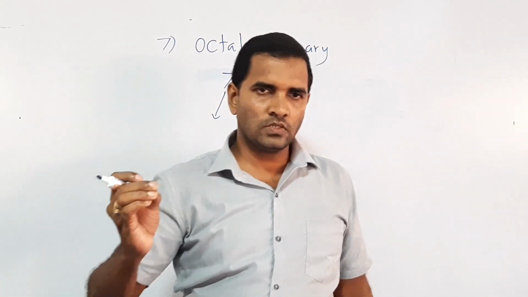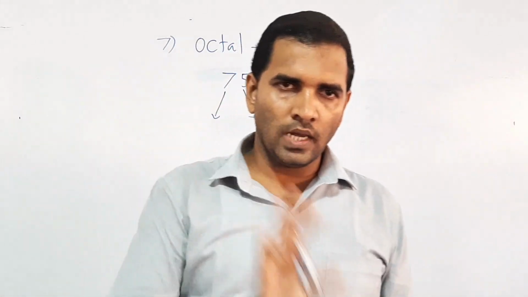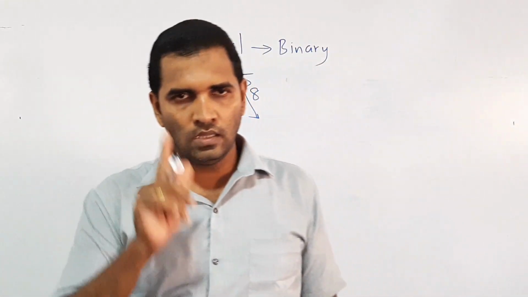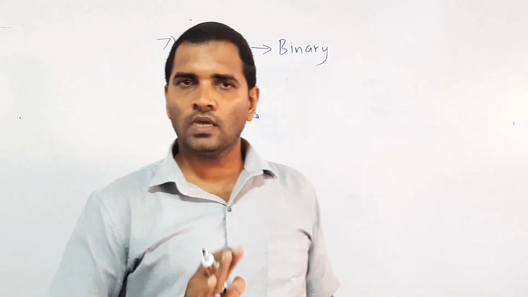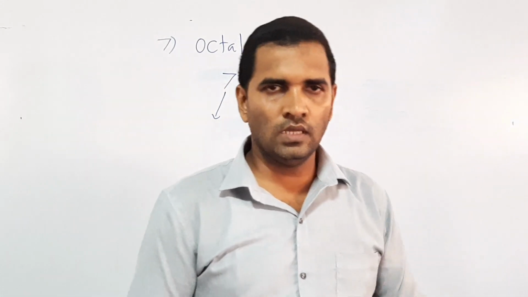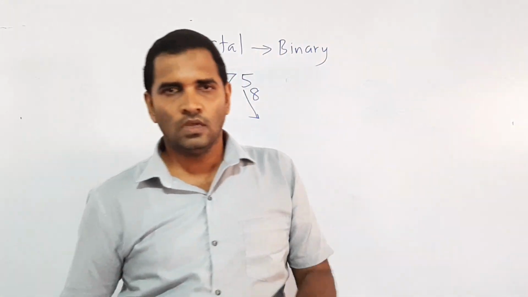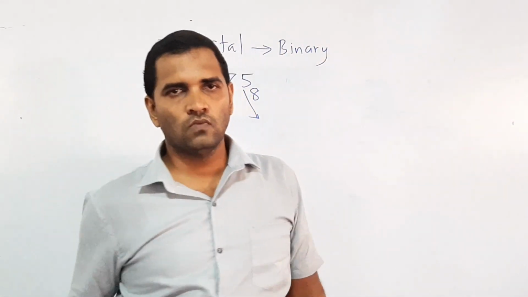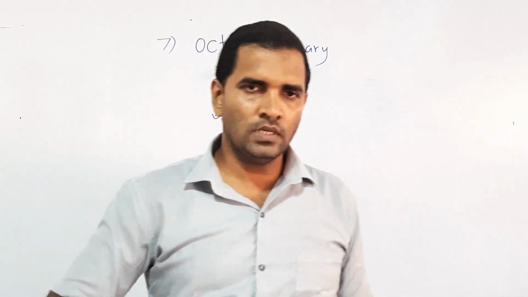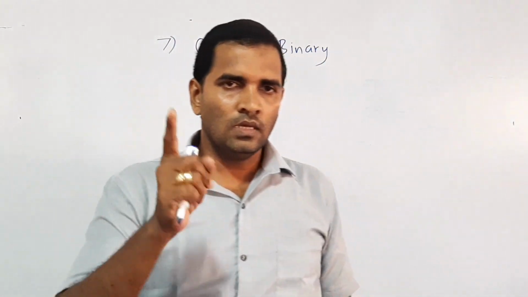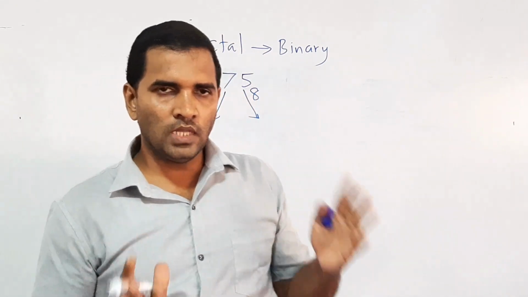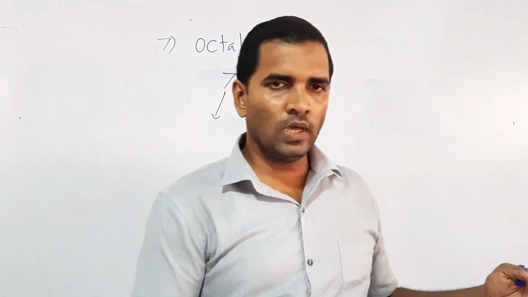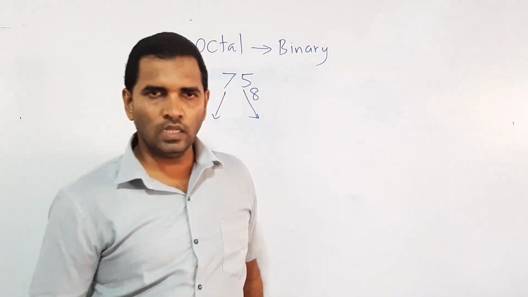Whenever you are asked in an examination about binary to octal or octal to binary, you must think about that connection which I suggested earlier. 3 binary digits are needed for representing one octal character, or in other words, one octal character can represent 3 binary digits. Keep that in your mind.